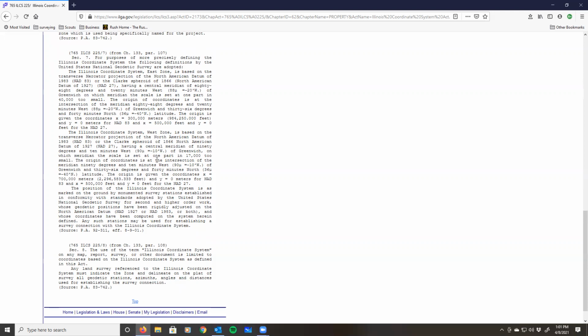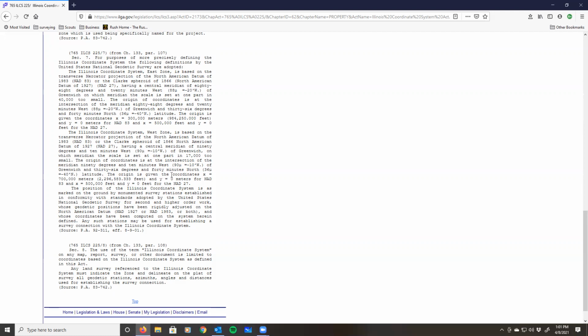The origin of the coordinates is at the intersection of meridian 90 degrees and 10 minutes west of Greenwich and 36 degrees and 40 minutes north latitude.